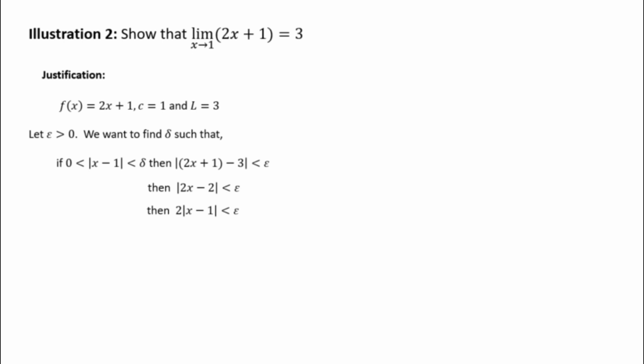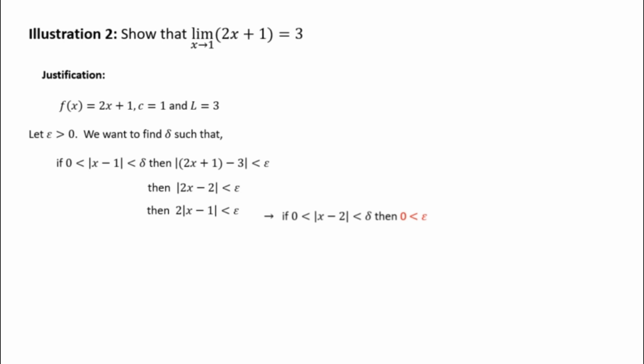Now, focus on this last expression. This is what we want to satisfy. Notice that unlike before, in our example before, the conclusion part in this conditional statement is not outright met.